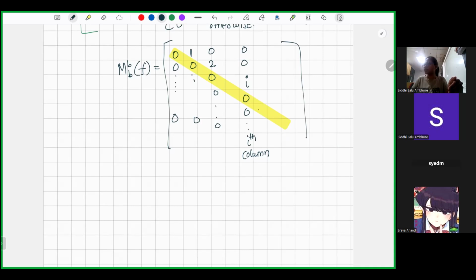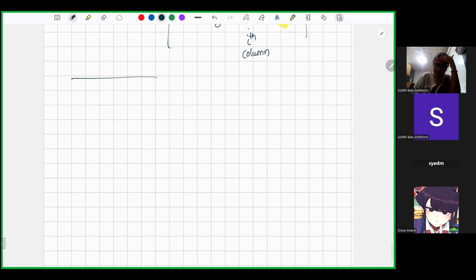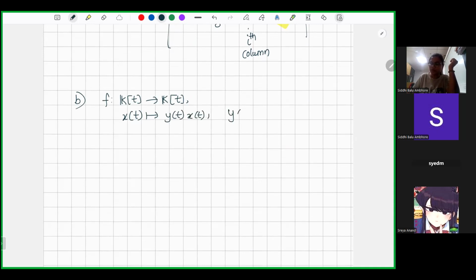What was the second? Yeah, it is yt, multiplication by y. And again, we have to do the same thing. So for the B part, it was f from kt to kt, such that x of t goes to y of t x of t, and they have given an explicit expression for y such that y of t is a naught plus a1t plus a n t power n.